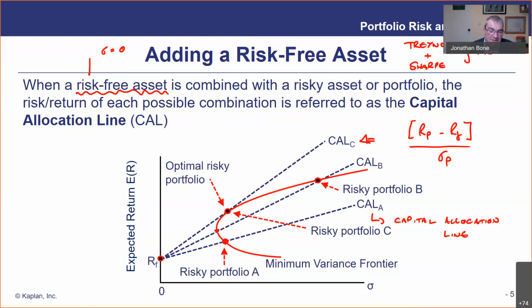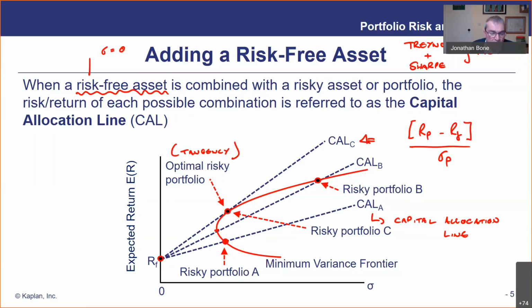If we take our risk-free asset and draw a straight line, we get a tangency point with our original minimum variance frontier. That is known as the optimal risky portfolio. Sometimes we refer to it as the tangency portfolio.